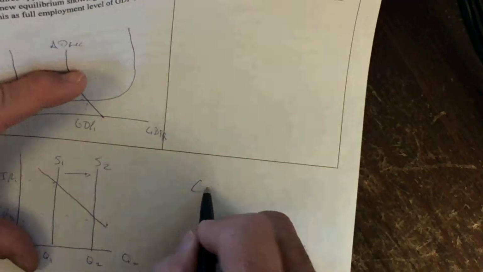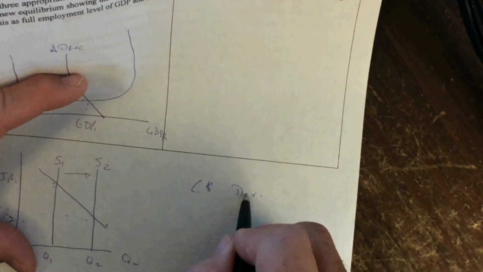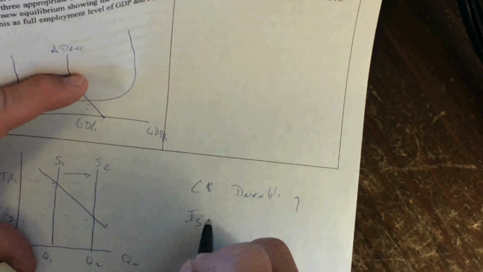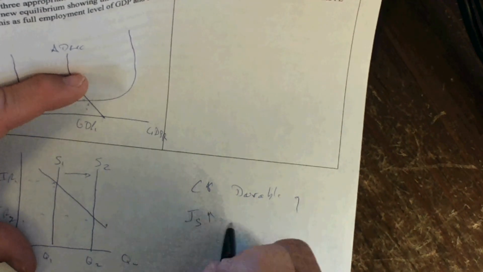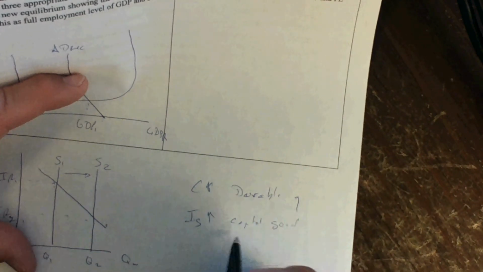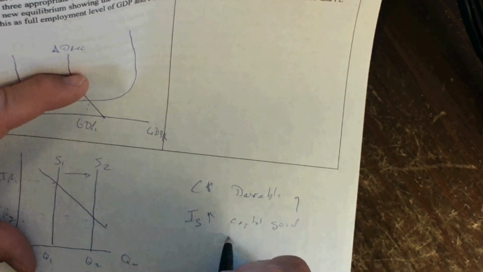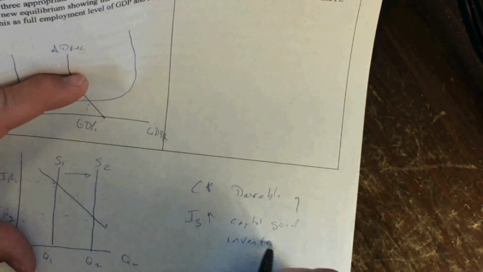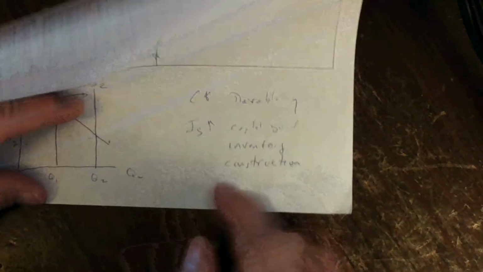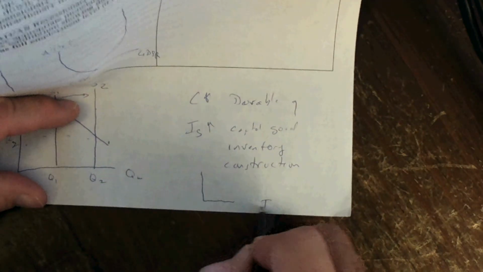By increasing the supply of money, causing interest rates to fall, consumer spending increases on durable goods, there's a good connection to make, and business spending, gross private domestic investment, would increase on capital goods. They might hold more inventory as it is less expensive to hold, and construction might increase.